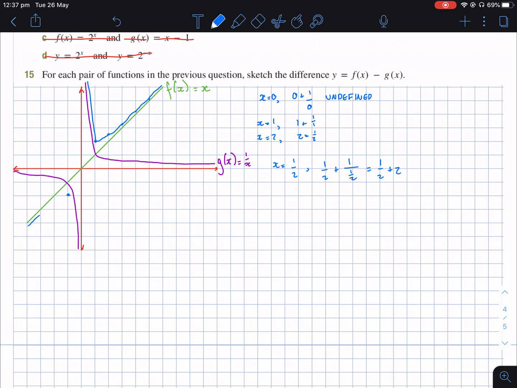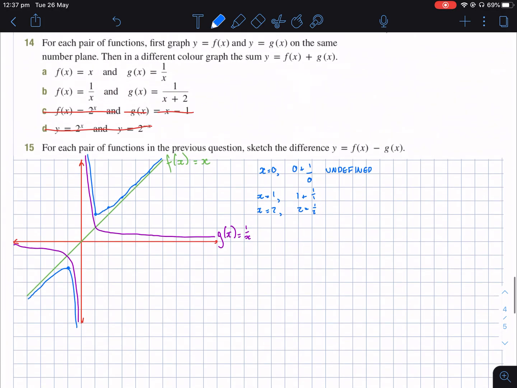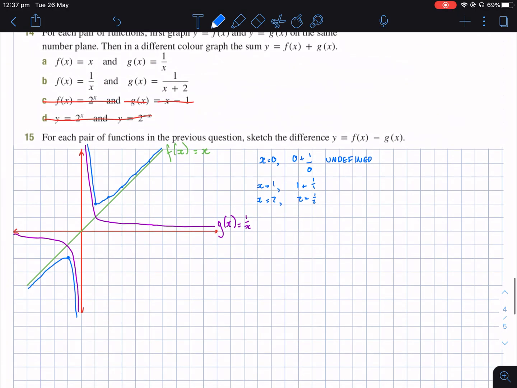Okay, so it's going to be hugging this one. And then, yeah, it's going to look like that. So that was 14A. And the blue was the sum.